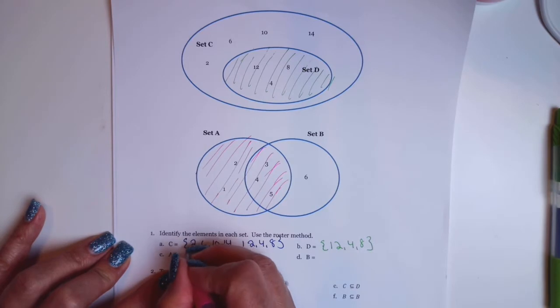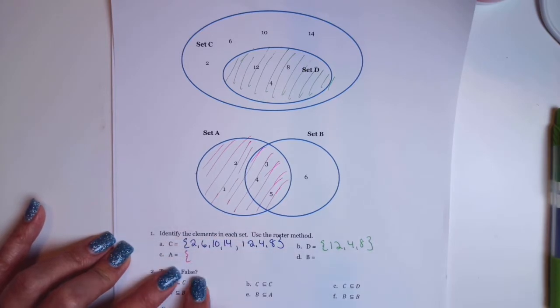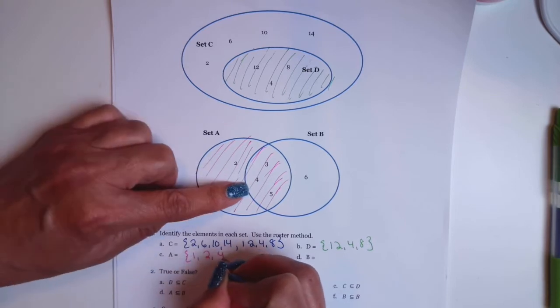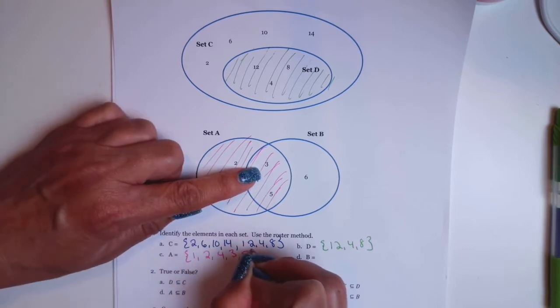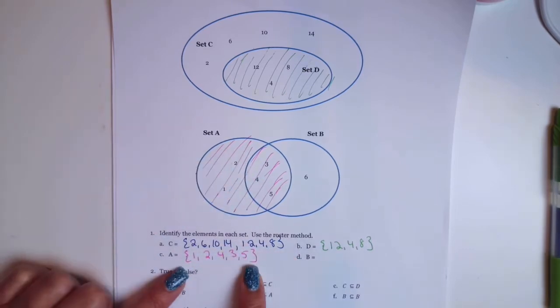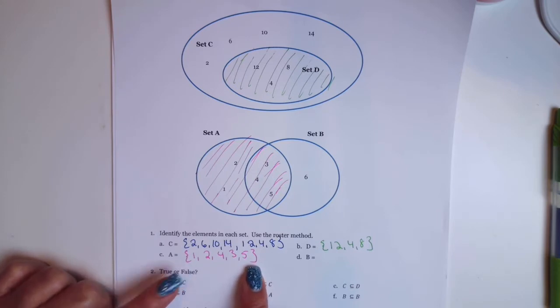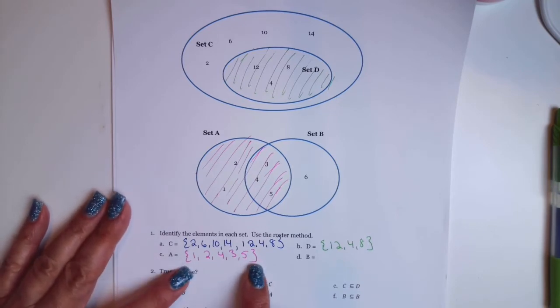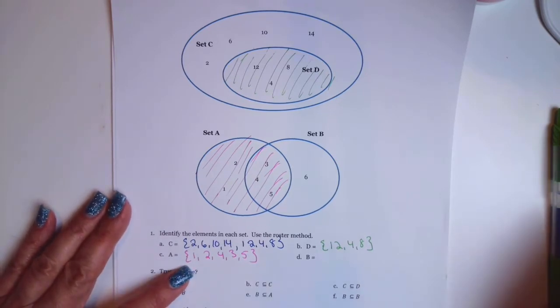So the elements in set A are 1, 2, 4, 3, and 5. And again, do not forget to use those braces when you're writing a set. That tells us that it is actually a set.